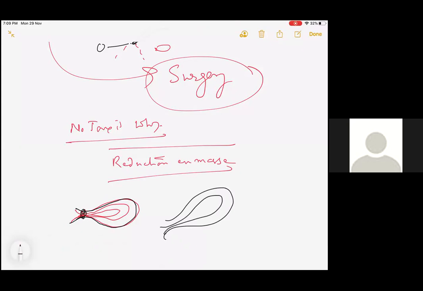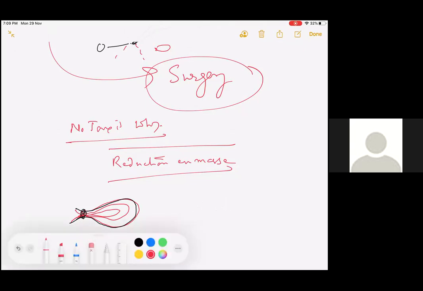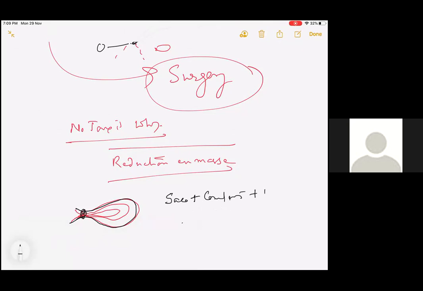Now it has become black on its own because if you allow it to be gangrenous, that is what will happen. So it will be going along with the sac plus content plus the ring which is obstructed.